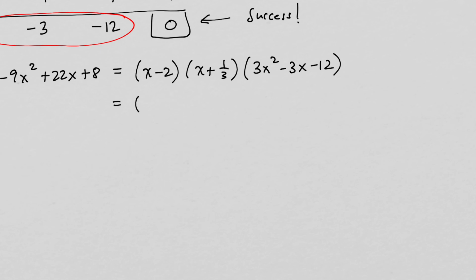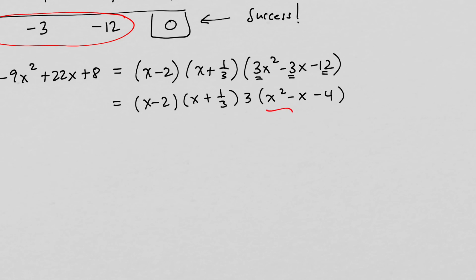So watch carefully what happens here. I'm going to factor the 3 out of all of these. If I pull that 3 out, I get x squared minus x minus 4. And I can find the remaining zeros by finding the zeros of that quadratic.